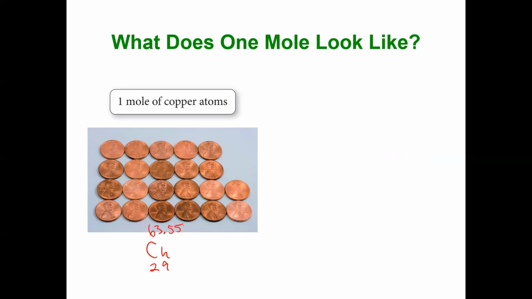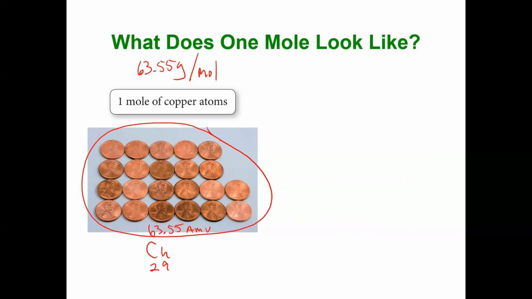So we're going to say 1 mole of copper is 63.55 grams. To get 1 mole of copper atoms, we just convert the unit of AMU to grams. It's very easy. Now I know that if I weighed out that much copper, there would be 6.022 times 10 to the 23rd copper atoms, because that's what the chemist's dozen is.